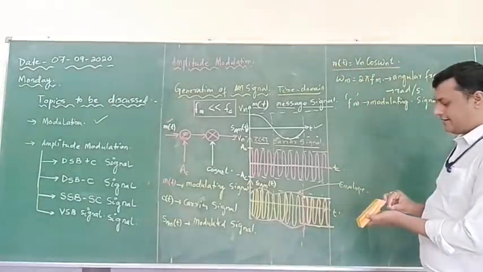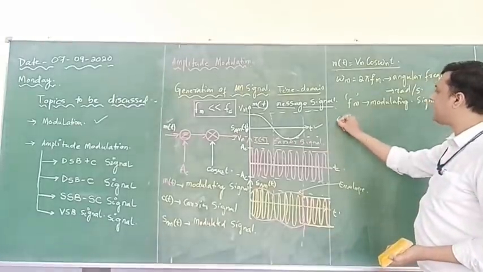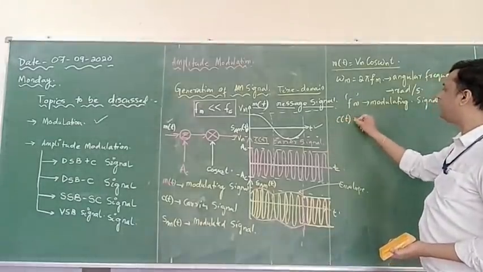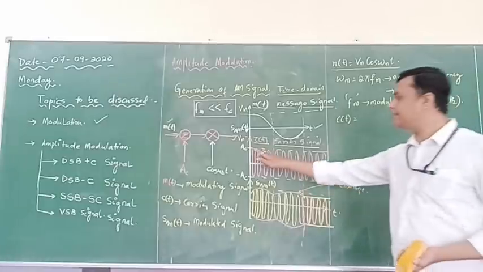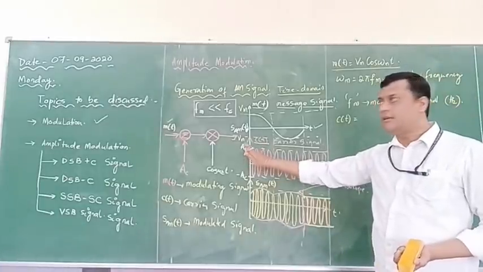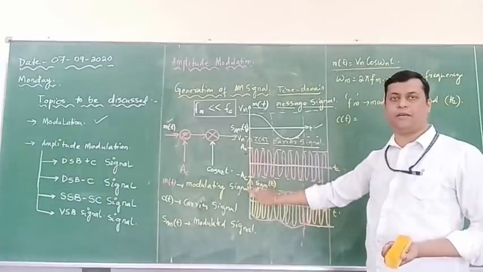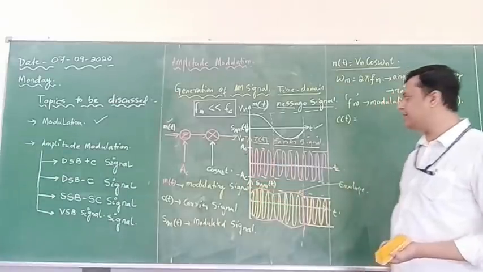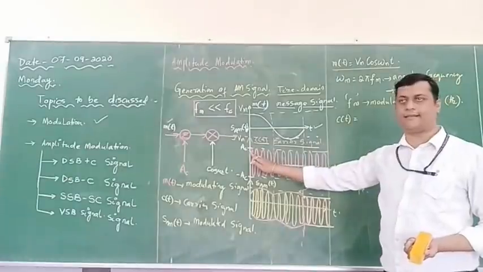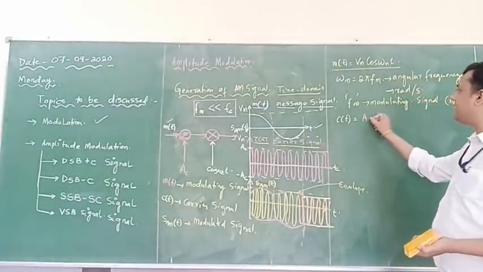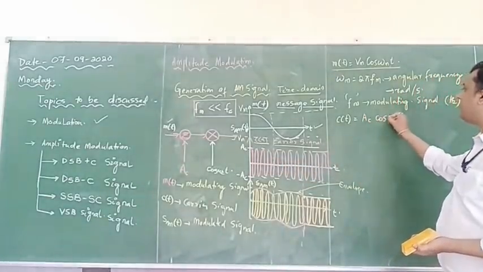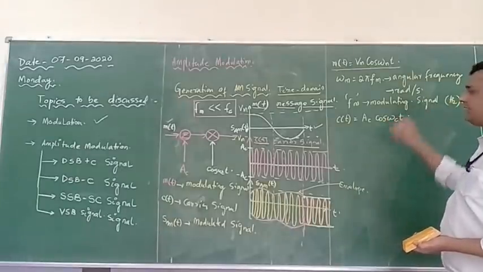Then second, I will use the carrier component c of t. Now here we have represented the carrier with a potential Ac and minus Ac. Peak to peak value is Ac and minus Ac. Since this is also a cosine signal, here I will write Ac cos omega c t. Done.